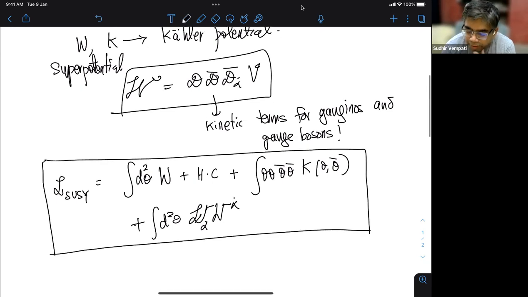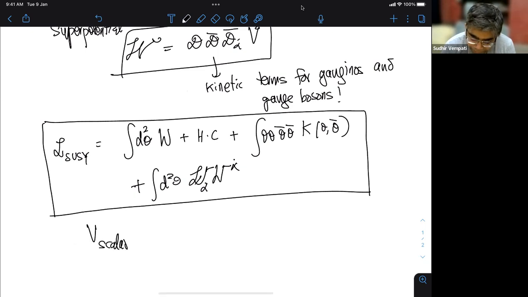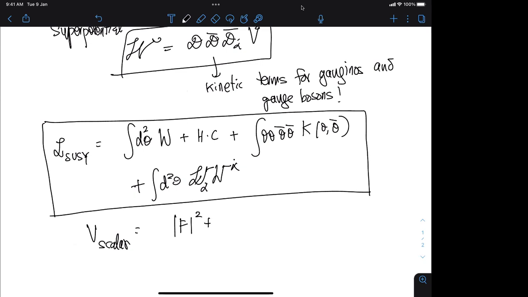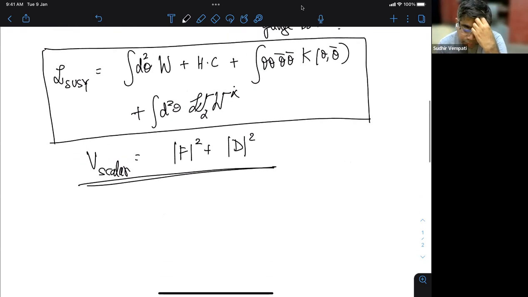In particular, it also contains a scalar potential, which contains mod F squared and mod D squared. The scalar potential always has this form in supersymmetric theories. This you should remember: the scalar potential is nothing but F squared plus D squared.